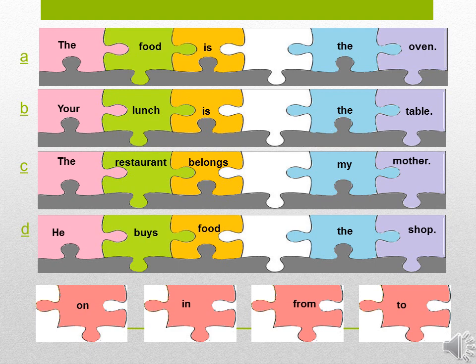Download this activity, cut out the preposition pieces, that is on, in, from, and to, paste it in where it needs to go, and then when you are done, paste it in your workbook.